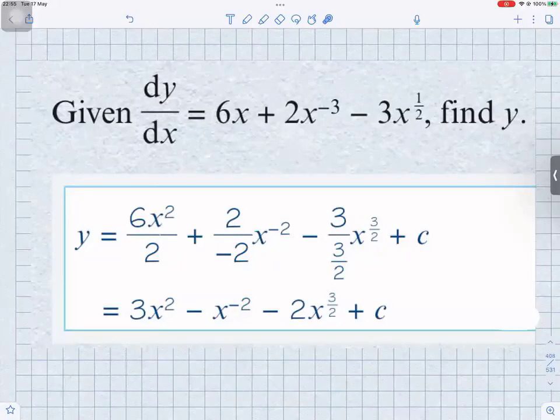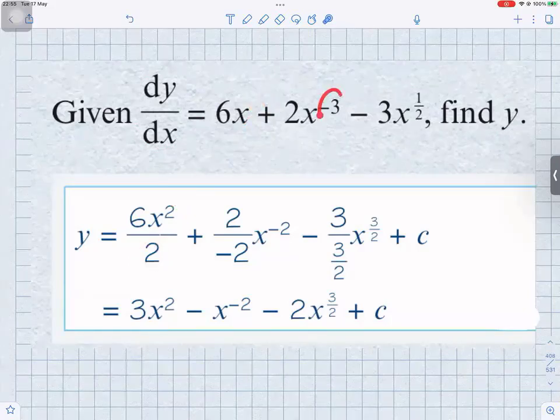Given that dy over dx is equal to 6x plus 2x to the minus 3 minus 3x to the power half, find y. So we need to find the integral. So when we integrate, we add 1 to the power and divide by the new power. So this is 6x to the power 1. We add 1 to it, it becomes 6x squared, and divide by the 2.